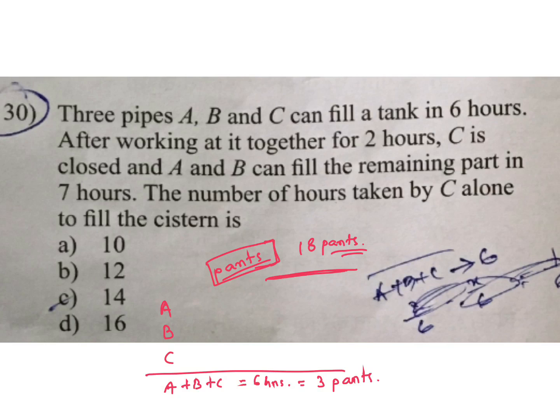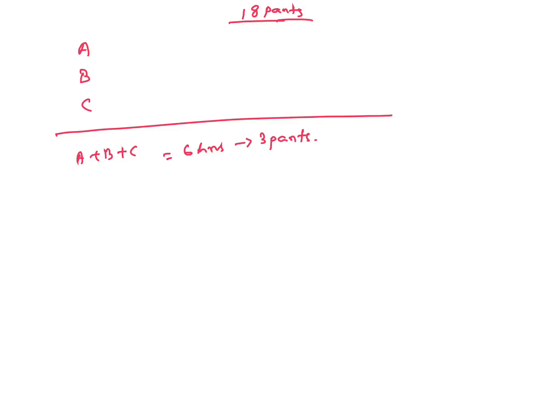Together all three A plus B plus C, they will work for 2 hours. In 1 hour they are completing 3 parts. So in 2 hours they will complete 3 into 2, 6 parts. Remaining total is 18 minus 6, 12 parts is remaining.